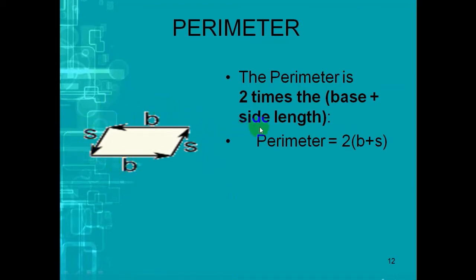So simply we can write 2 into b plus s. B is the length and s is the width. Actually this b represents the base of the parallelogram, and this s represents the width, which is the sides. So perimeter is equal to 2 into b plus s for the parallelogram.